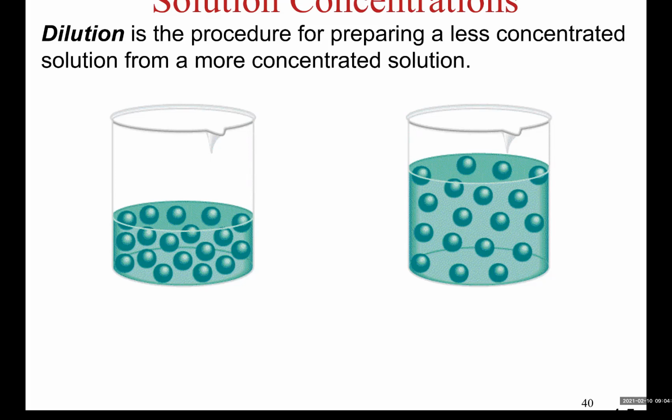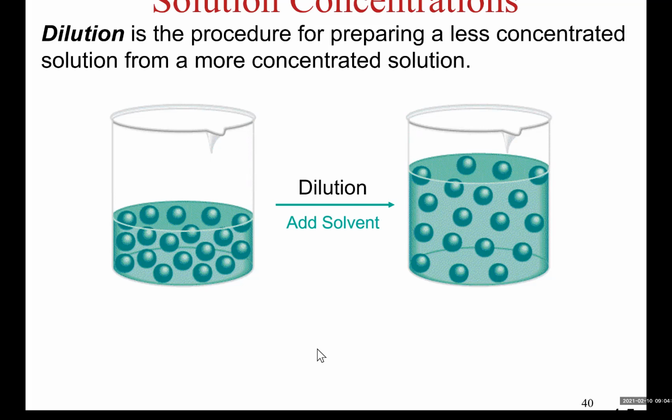All right, so what is the general principle in dilution? The number of moles of the solute is not changing. Based on that assumption, I can calculate the number of moles before and after dilution.